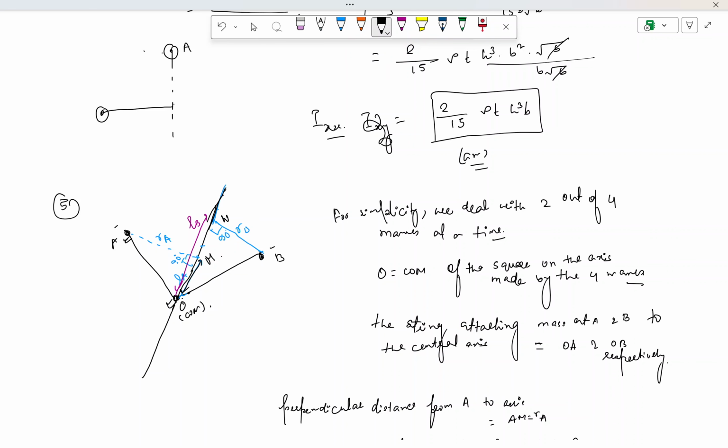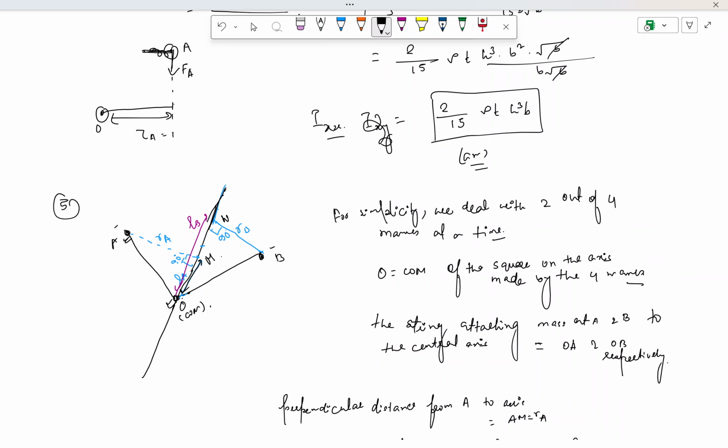Okay, so the force is acting in this direction. So about the center of mass O, and this is the point A, what will be the torque?